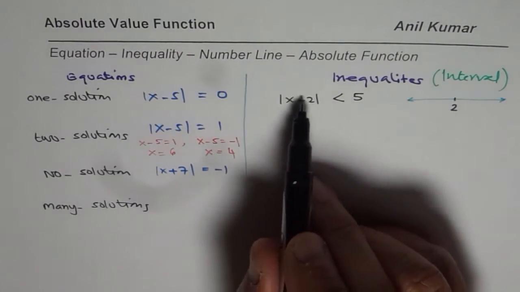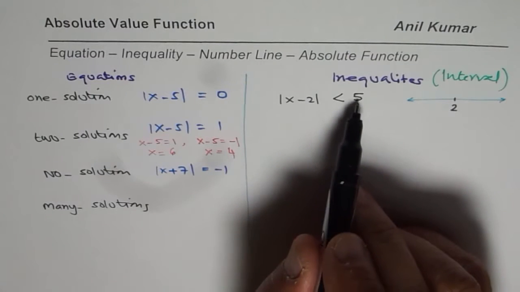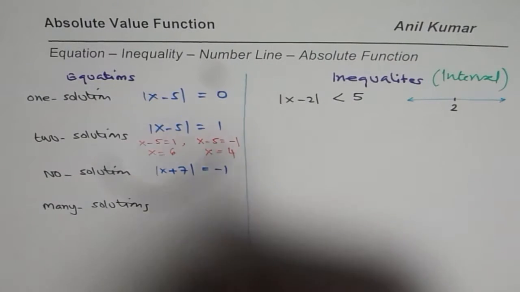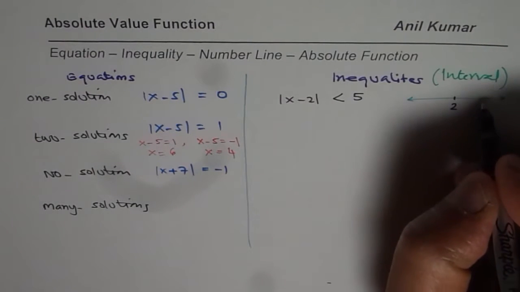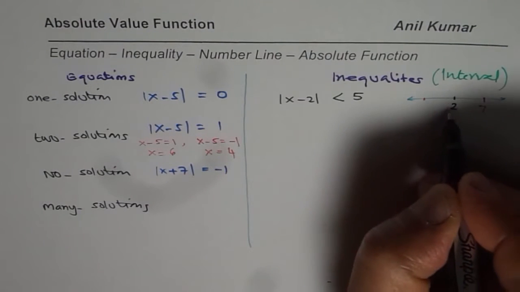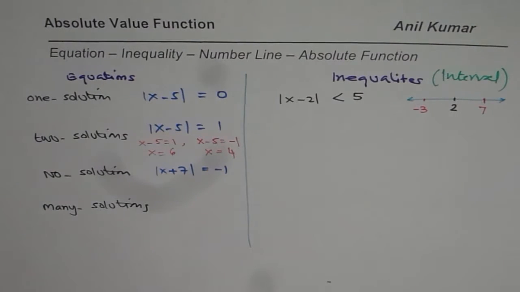Absolute function by definition, when we say less than 5, means everything within that interval, 5 away. So 5 away from 2 on the right side will be 7, and if I take away 5, I get minus 3. Do you see how I get it? This is without any calculation.